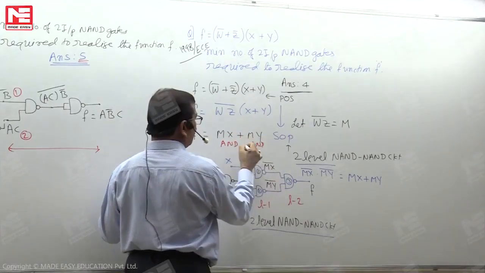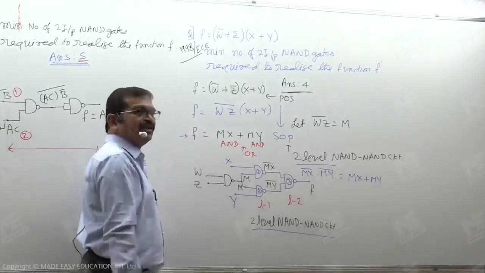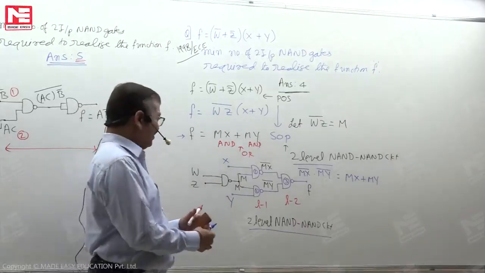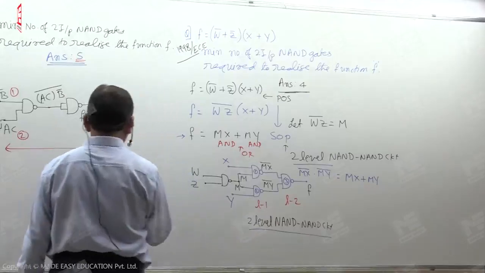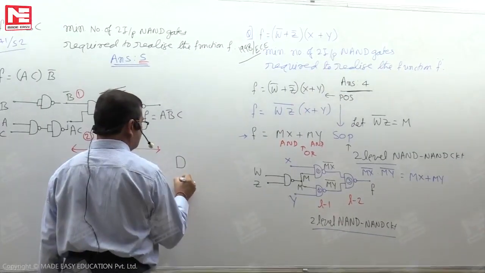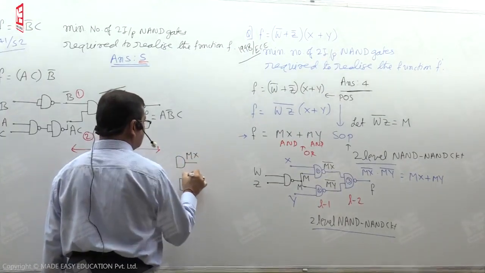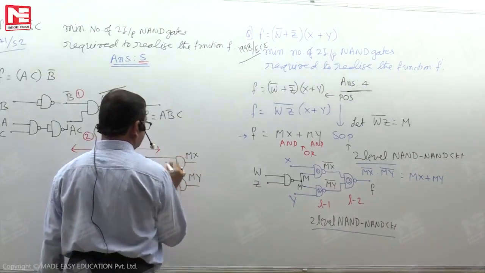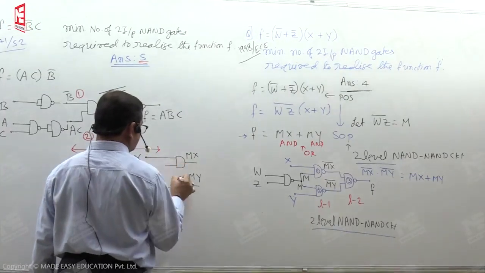Among these, for the OR operation, we need one OR gate. So if we are developing the circuit using AND gates and an OR gate instead of NAND gates, the circuit will be like this. I will write it here. So we are first generating these products. One product needs to be MX, the other product needs to be MY. So this is X, this is Y, this is M.